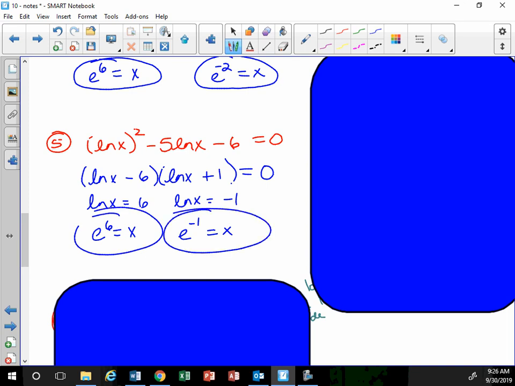E to the sixth and e to the negative first, or you could write 1 over e. Okay, perfect. Like I can read your mind. All right, so we okay with that one? We get the factoring, and you recognize it by that one. Like, this is one thing to look for, is that being in parentheses squared. Okay, it's a little different.